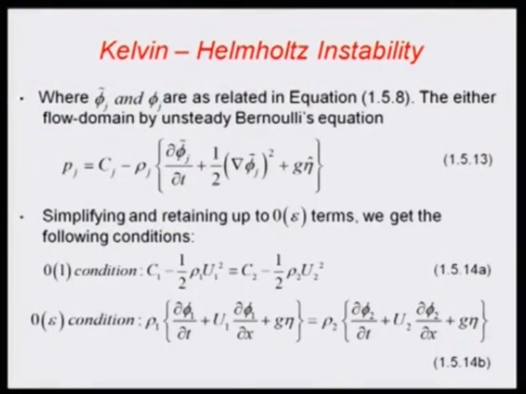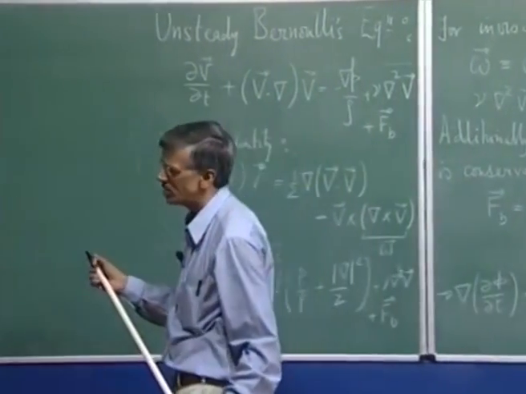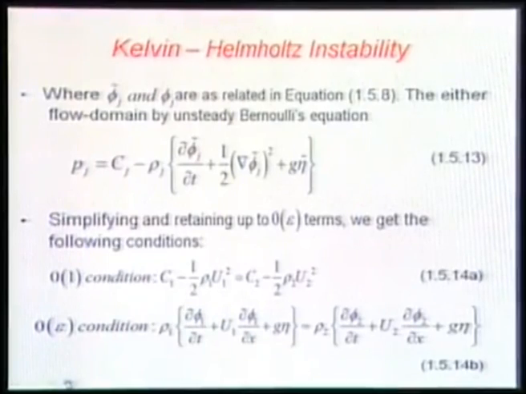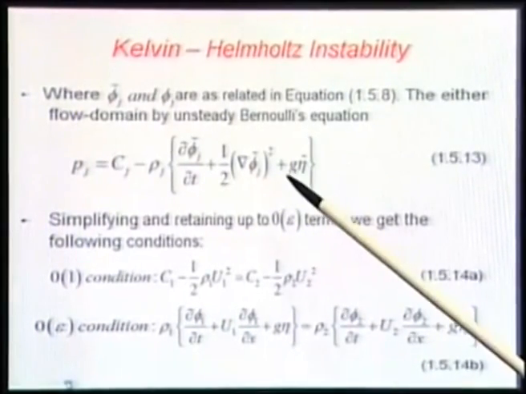If I neglect surface tension, if the surface tension is not considered at all, the pressure must be the same coming from the top as well as going up from the bottom. So, if I equate this, then I will get a set of terms. One would correspond to the order 1 term. The order 1 term will have this quantity, and what about here?